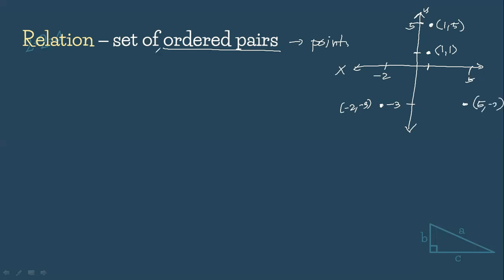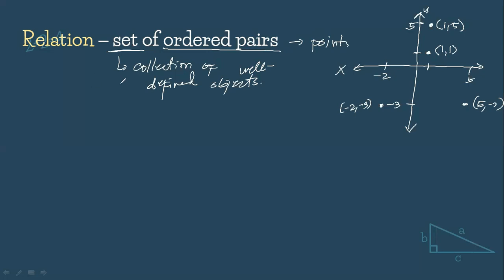So my dear students, di ba kapag sinabi nating set, this is the collection of well-defined objects. So paano nga po natin malalaman na ang objects are the collection of well-defined objects?